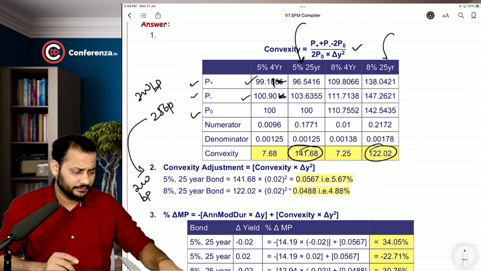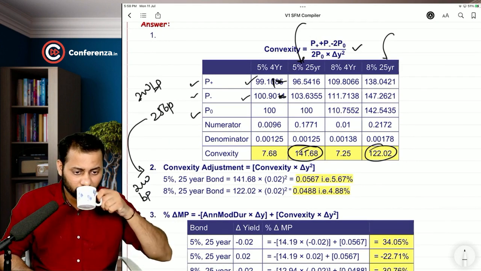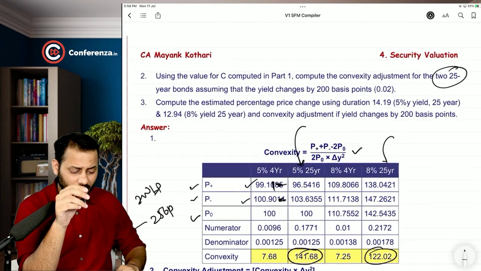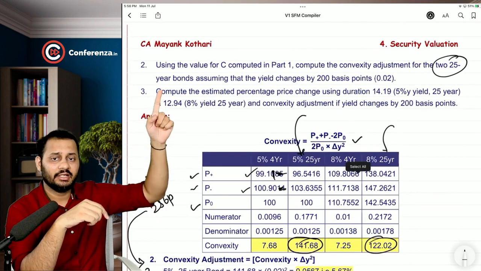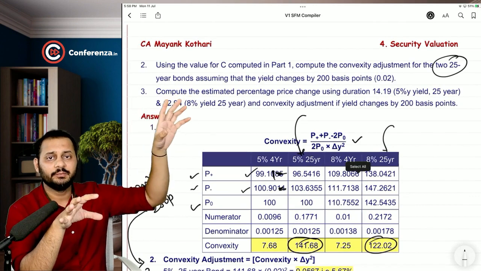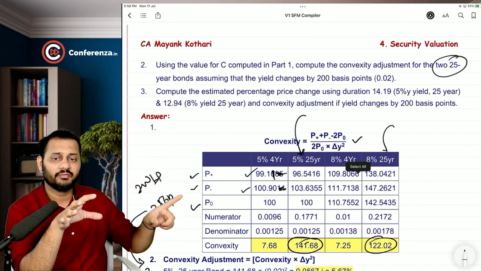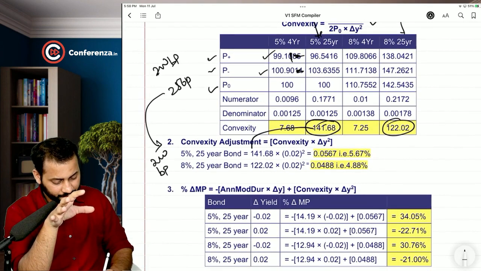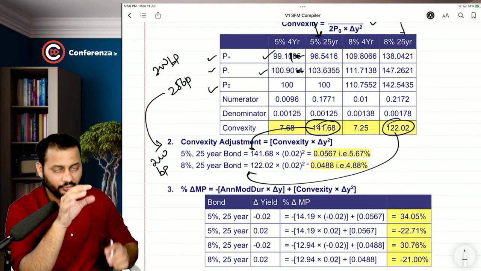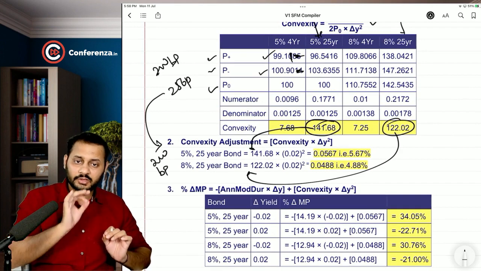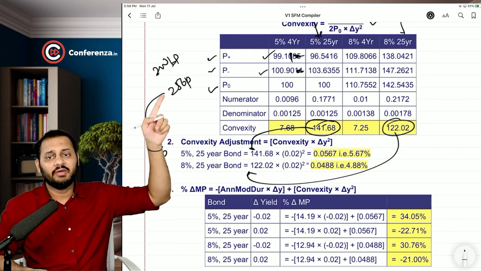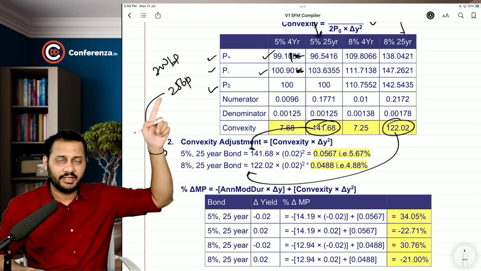Let's try it once again. Because the question said to use the value of C computed in part 1, these values were being used here. But you know one thing, that these convexities have been calculated by giving the YTM a shock of 25 basis points.